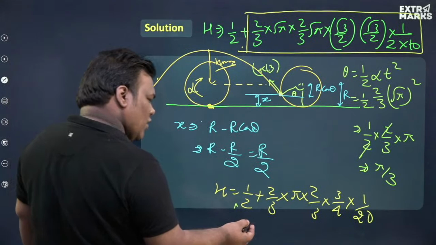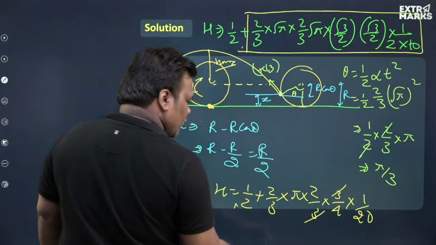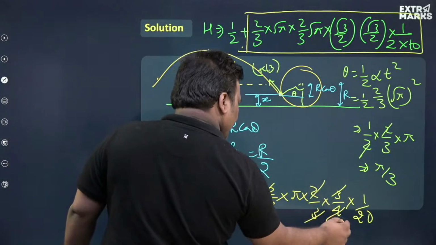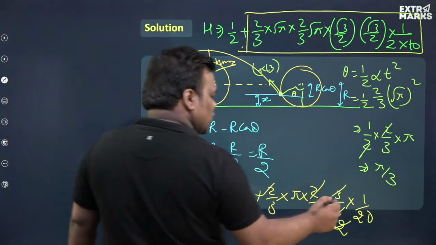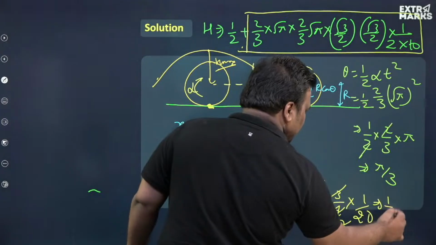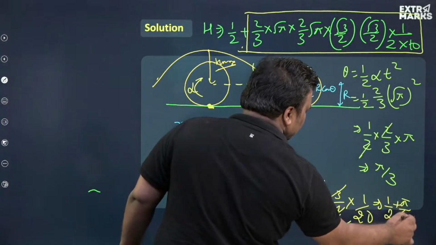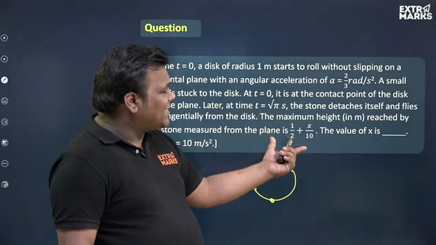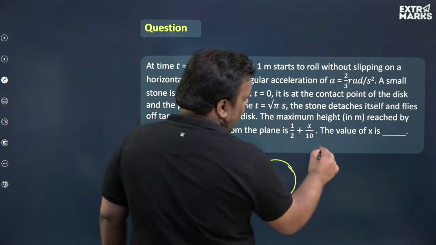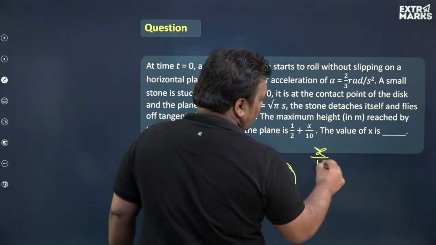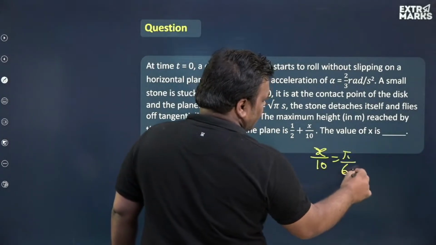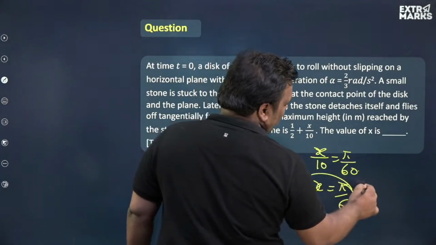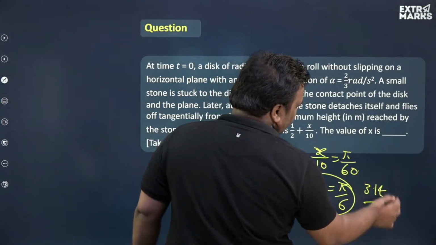So I can cancel out 3 with 3, and from 2 I can cancel this, and from 2 I can cancel this. So it will be 1 by 2 plus pi by 60. That is my final answer. Now he is asking pi by 60 as x by 10. So x by 10 is equal to pi by 60, which means x is equal to pi by 6. All you need to do is this calculation.